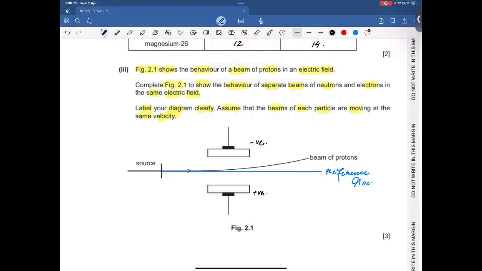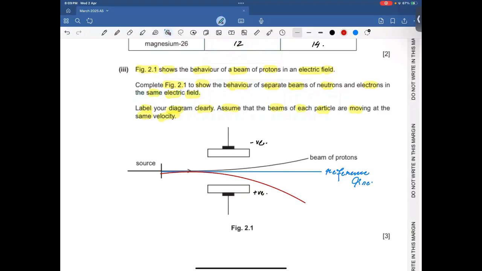If this plate is positively charged, obviously electrons are deflected towards the positive plate. Okay.